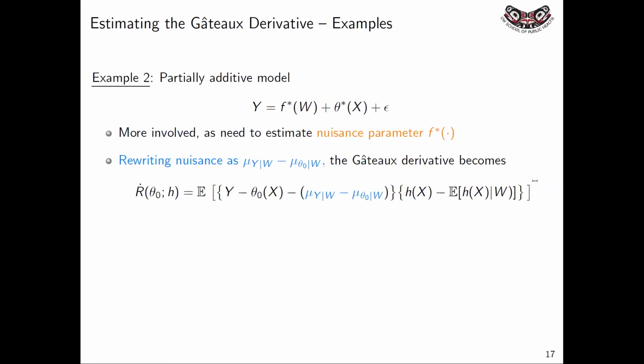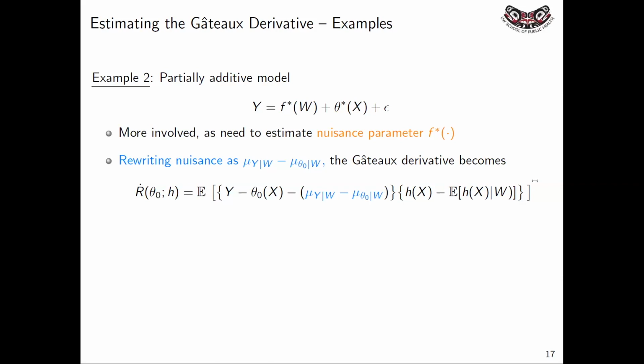In the partially additive model case, this nuisance function f star makes things more complicated. So it's not as simple, but we could still do something very similar to the simple case of example 1. We could rewrite the nuisance as mu of y given w, where w is the additional stuff that we don't care about, minus mu of theta naught given w, so conditioning on w. And then the Gateaux derivative, we could write it in this form: y minus theta naught, that's the first term that we also had, the residual.